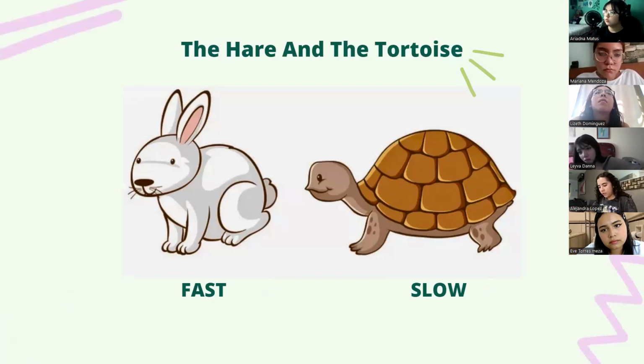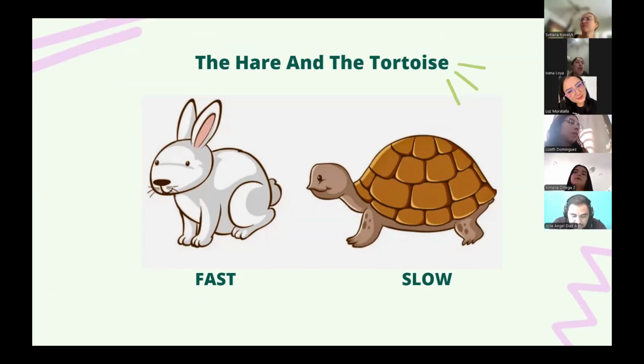An example of the prediction that we use is The Hare and the Tortoise, because it is one of the first texts that we read as kids. We started by seeing the title of the text, predicting that it was going to be an animals book.